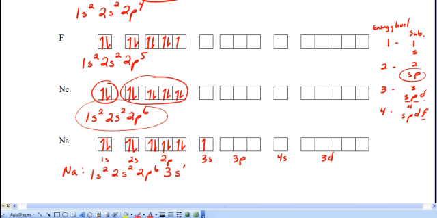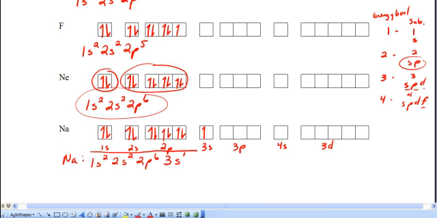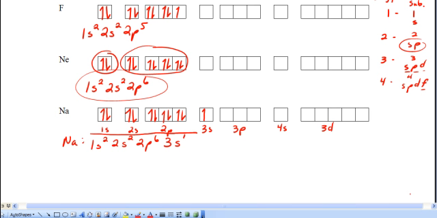Now, this is what's called the complete electron configuration. However, there is a way to shorthand this. The way to shorthand this is to use what is called noble gas configuration. And noble gas configuration is used because only the electrons in the outermost energy level are actually used in chemical reactions.